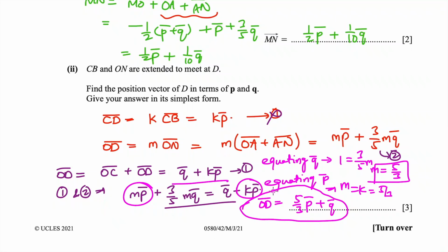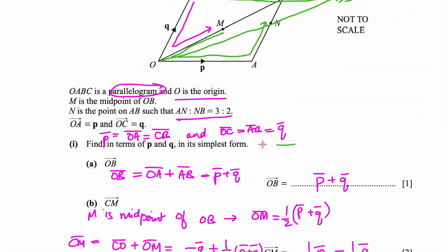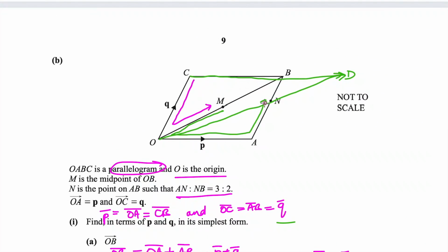So this is a tough part, but what they are asking us is the position vector of D. What I did was I extended ON until D. So I can write ON bar into K or into M is equal to OD bar. So I have OD bar now. I can also calculate OD bar in another way.